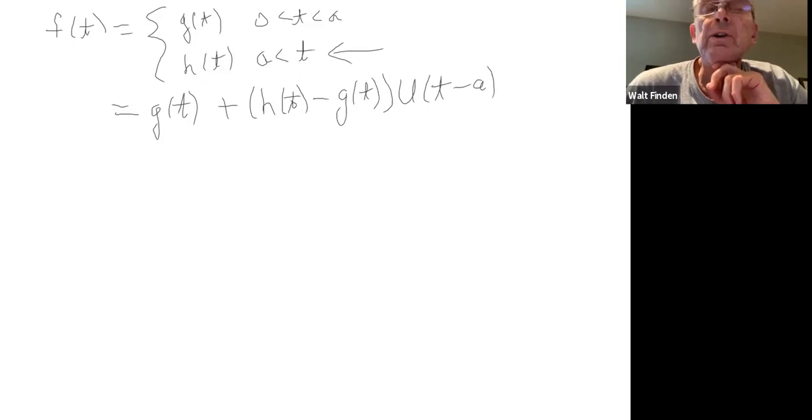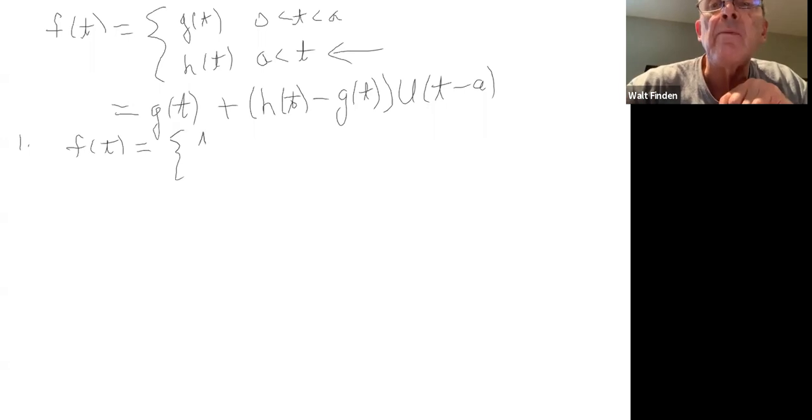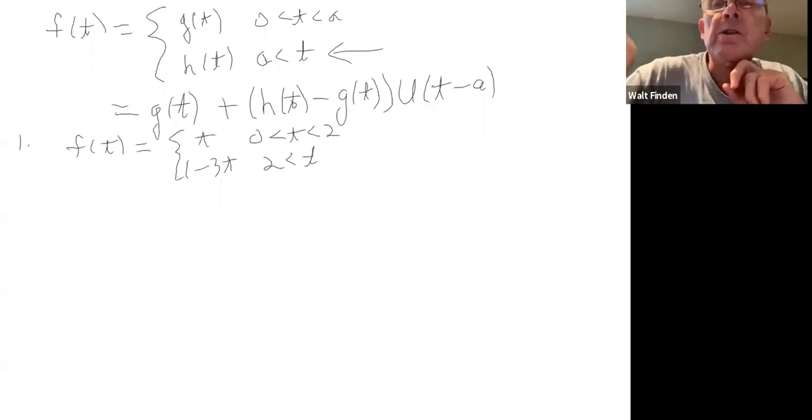And so I'm going to use that in problem number 1, where we have f of t equal to t for 0 less than t less than 2, and it's 1 minus 3t for t greater than 2. So we have this using the above.